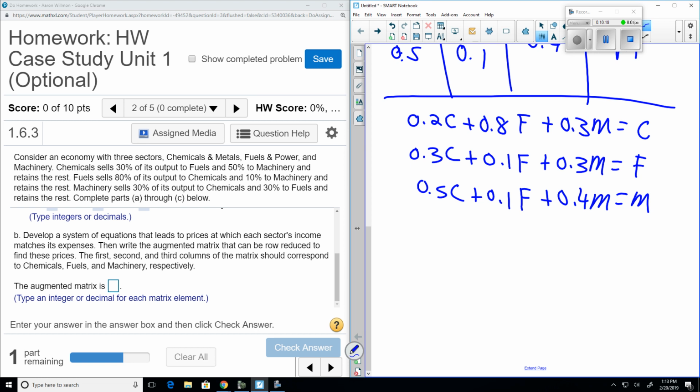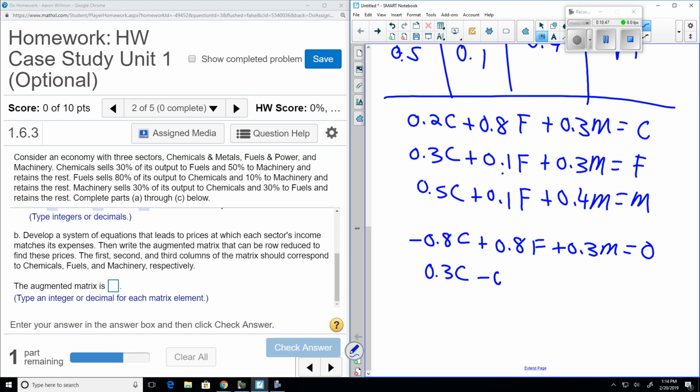what do you get? You get 0.2C minus C, negative 0.8C, right? And you get a 0 on the right side. There's not a constant here. Same thing with the F. I got to subtract F from both sides.